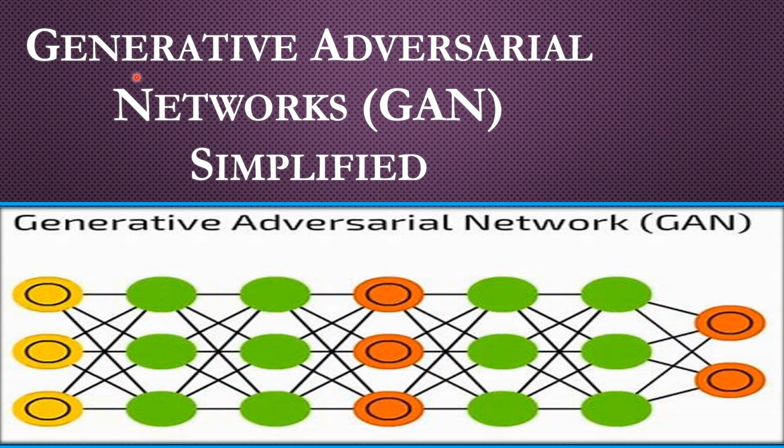The first network, known as the generator, creates synthetic data that it believes is real. The second network, called the discriminator, evaluates the data and tries to determine whether it is real or generated.